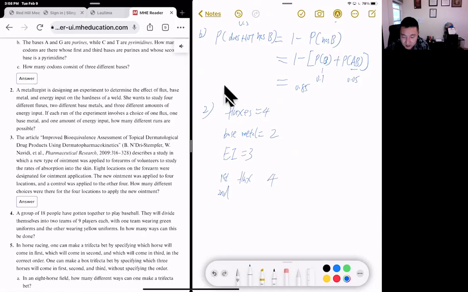The second step, base metal, so 2. And the third step, energy input, 3. So the 3 steps we multiply, 4 times 2 times 3, so 24. 24 runs.